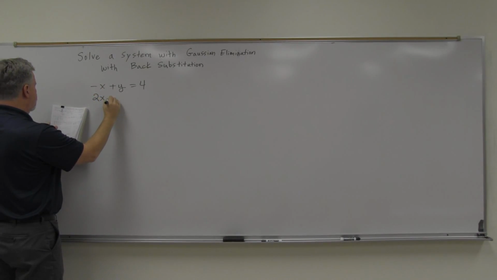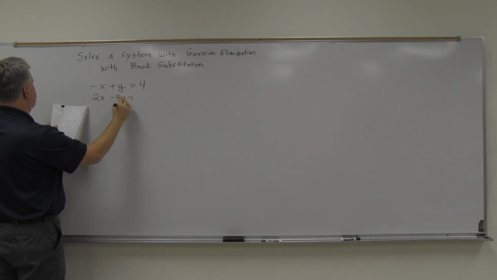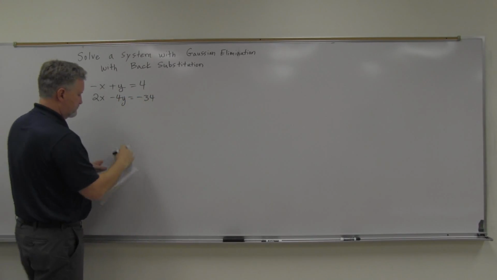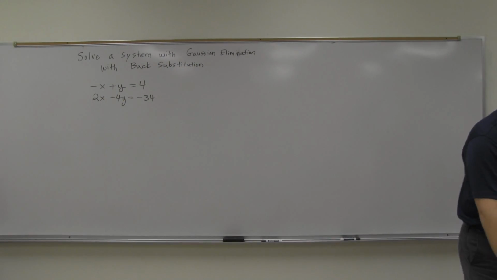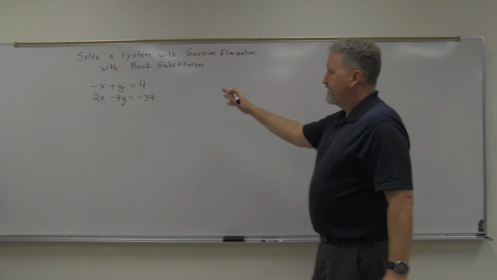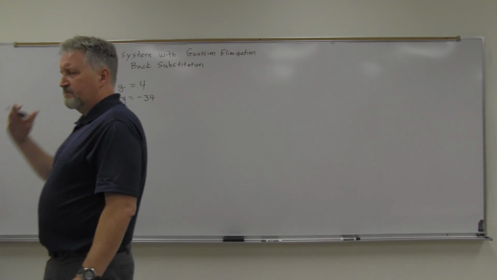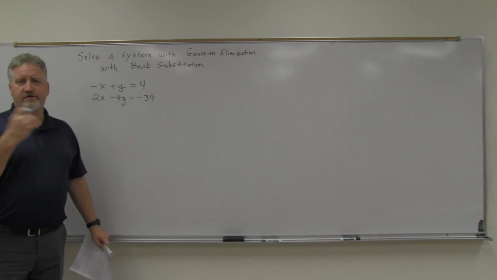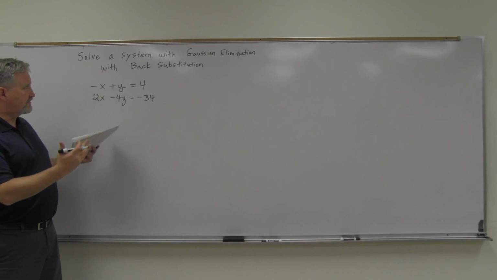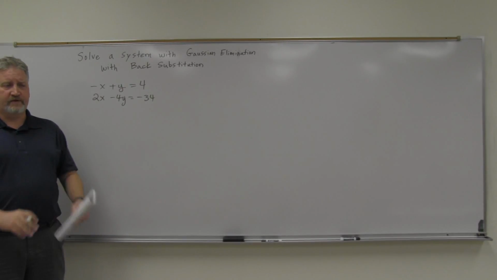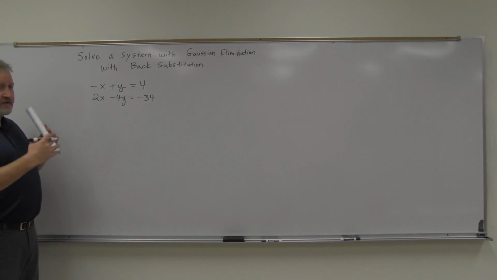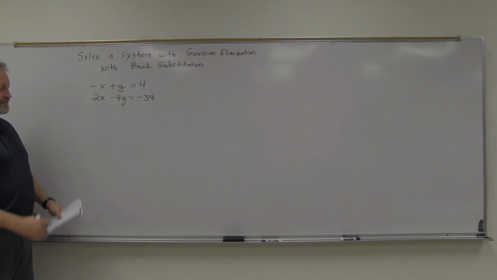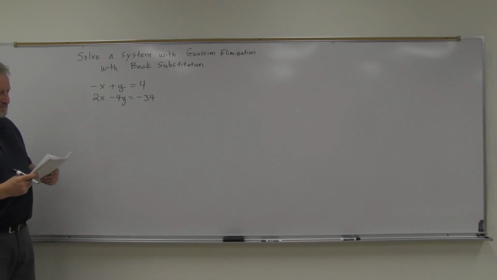Minus x plus y equals 4, and 2x minus 4y equals negative 34. All right, so typically we would solve that probably with elimination, but let me show you this Gaussian elimination method. It uses matrices a little bit, and then we'll venture into the 3 by 3 mode.